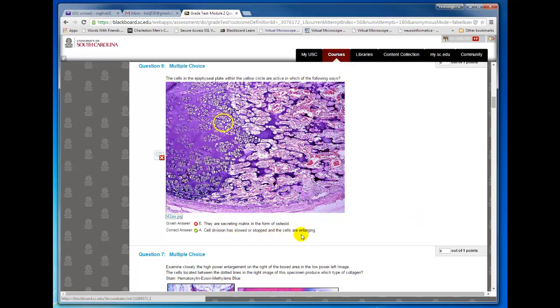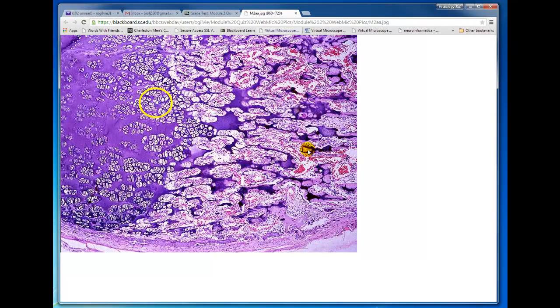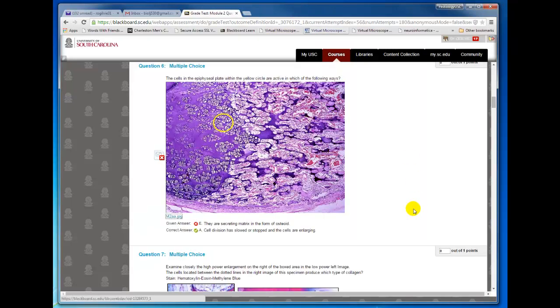But they're not secreting matrix in the form of osteoid. That is occurring over here. This pink material here is osteoid, and it's depositing bone upon the cartilaginous template, that is partially calcified cartilage. Okay, so those are important tips, and hopefully that will be helpful.